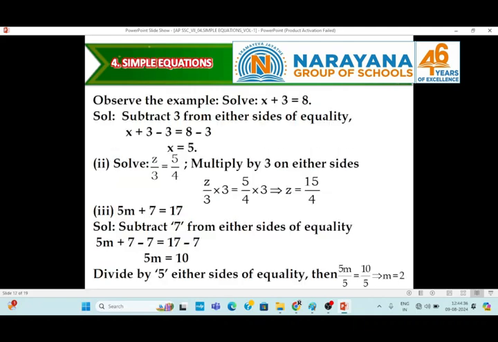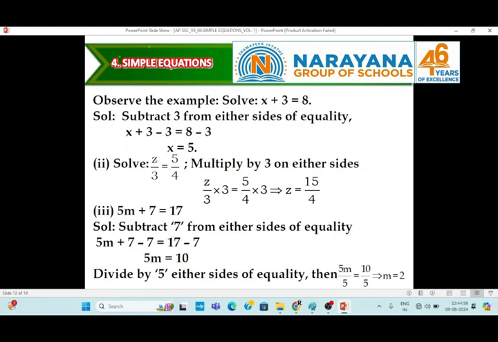So from this explanation, if you observe some examples here, solve x plus 3 is equal to 8. Here we need to find the value of x. So we need to observe the numbers linked with x, how they are linked. So x plus 3 is in LHS.